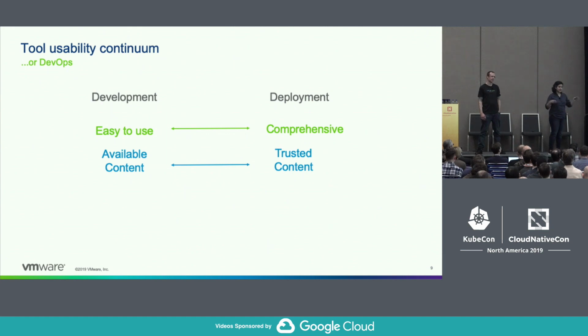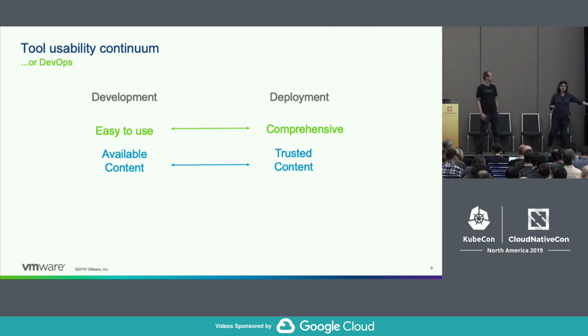The next one is the ecosystem that this tool exists in. Docker is popular because there are so many available components that an app developer can put together and create the app for deployment.